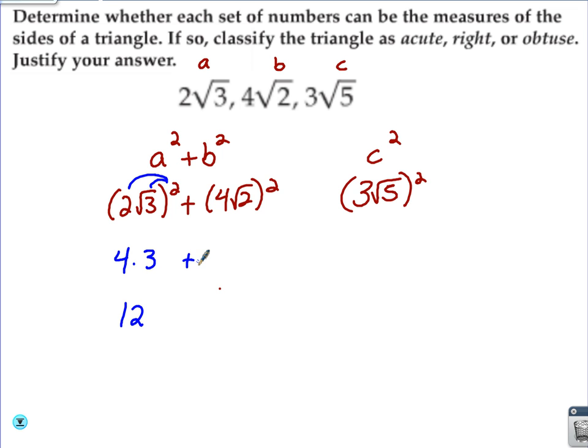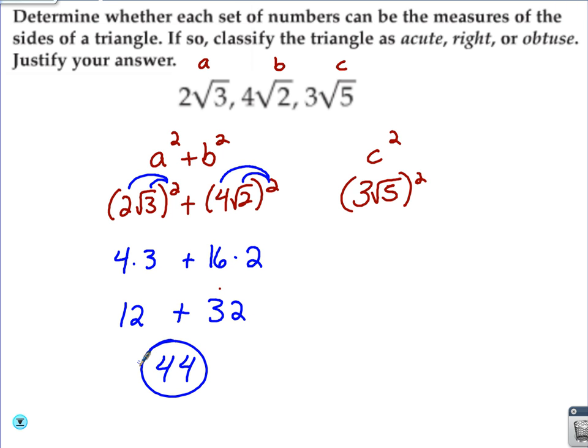Plus, 4 squared is 16. The square root of 2 squared simply gets rid of the square root. It's 2. 16 times 2 is 32. 12 and 32, you get 44. And I don't think that one over there is going to equal 44.